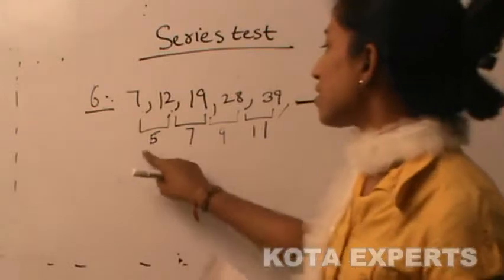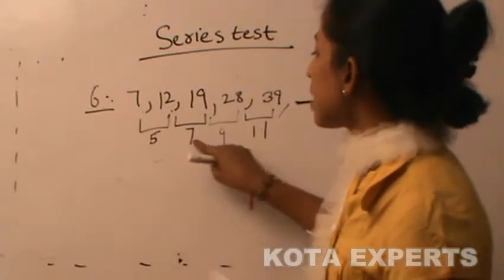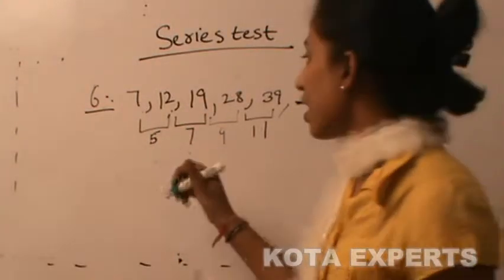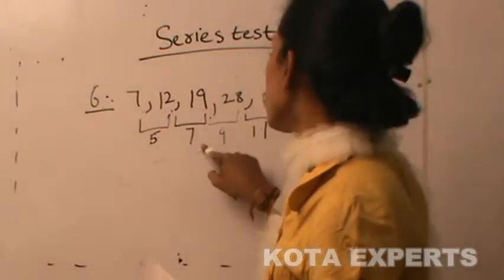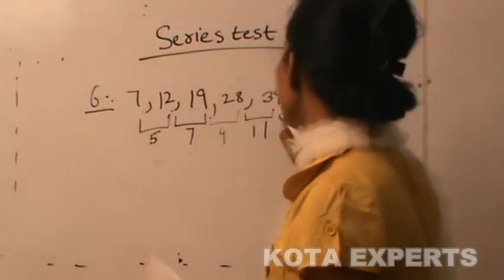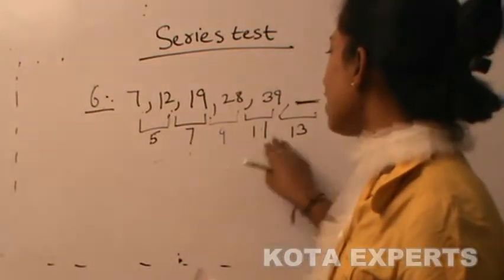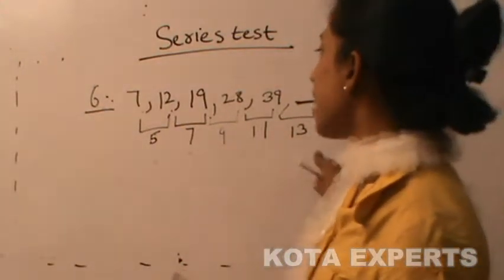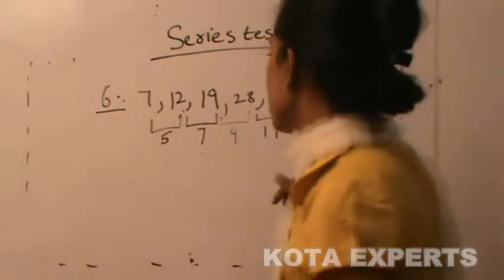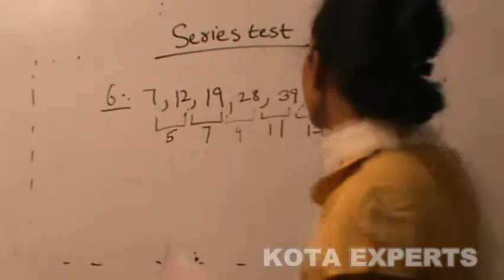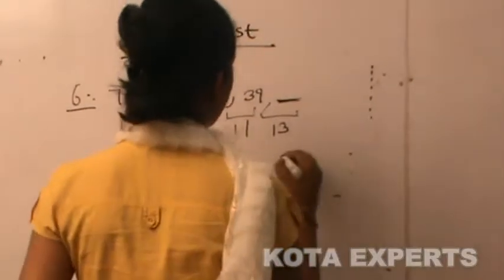So what difference is coming in the differences? 2. So the next difference is 13. 5, 7, 9, 11, 13. This will follow the same pattern, a difference of 2. So you have to add 13 to this number.